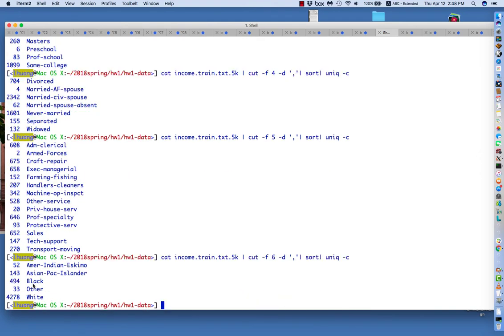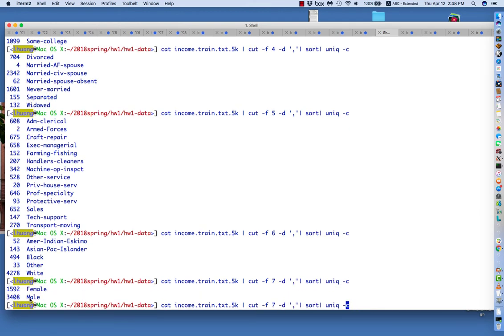The sixth field is race: Amerindian, Eskimo, Native Americans, Asian Pacific Islanders, Black, Other, and White. The seventh field is gender, and this dataset is actually disproportionately more males than females.